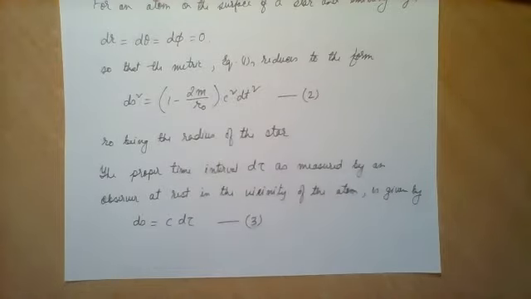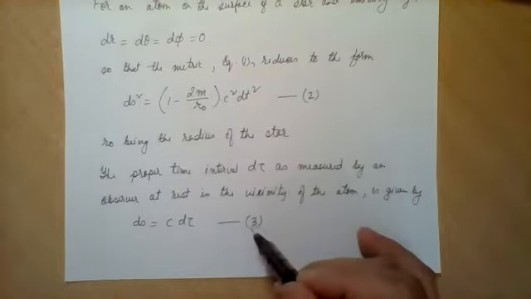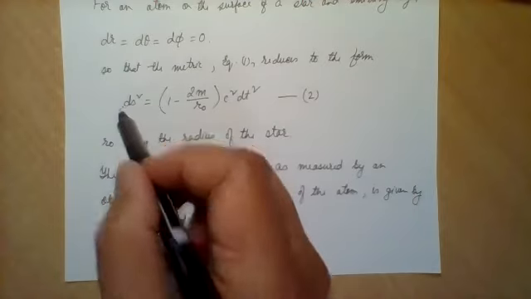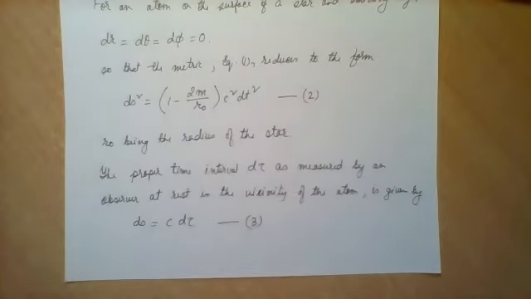That is fine. So if I use this equation number 3 in equation number 2, then I can replace ds square by c square d tau square. Okay, so let us use it.